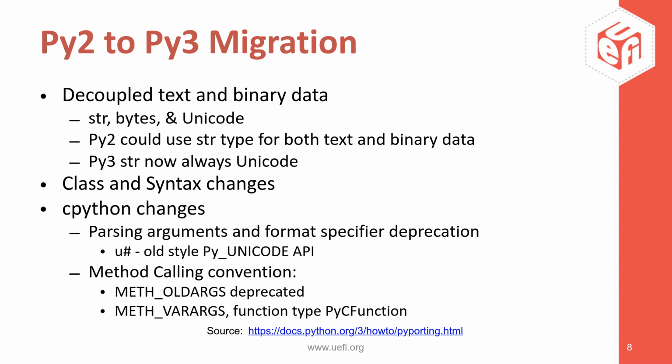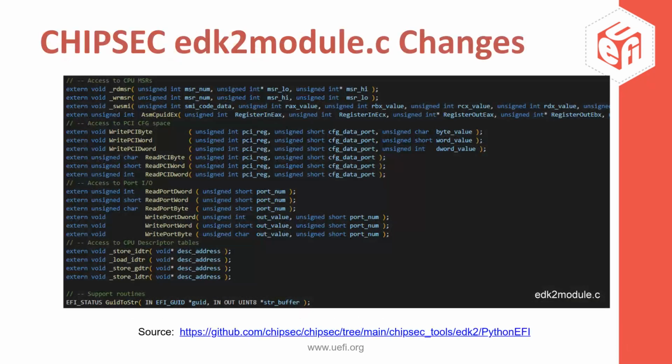Next are the changes. So here's a summary of our routines, capabilities, and content we added to our version of Python for UEFI Shell. I'm not listing the code here, probably too deep of a dive, but it can be reviewed on the Chipsec GitHub within the UEFI folder, in the EDK2 module C file.